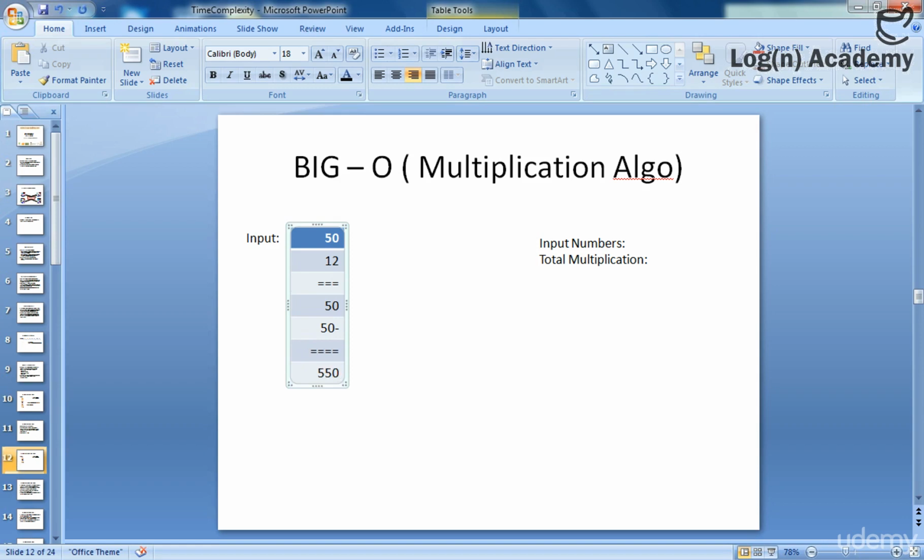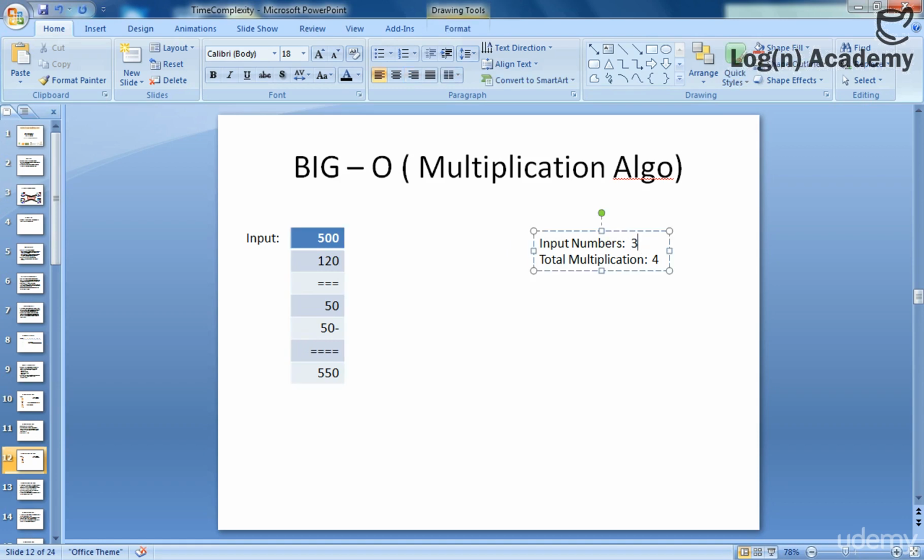Okay, so the input numbers are 2, and the total multiplications we did was 4. Let me increase the input size. If we have 500 and we are multiplying it by 120, how many multiplications will there be? Now we have 3 digits, right?